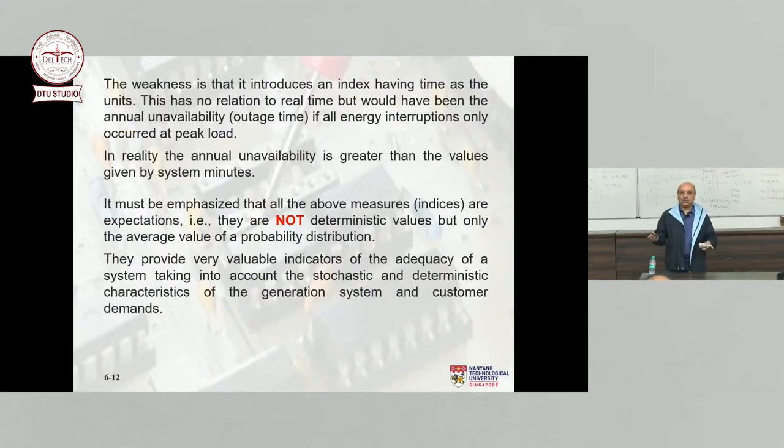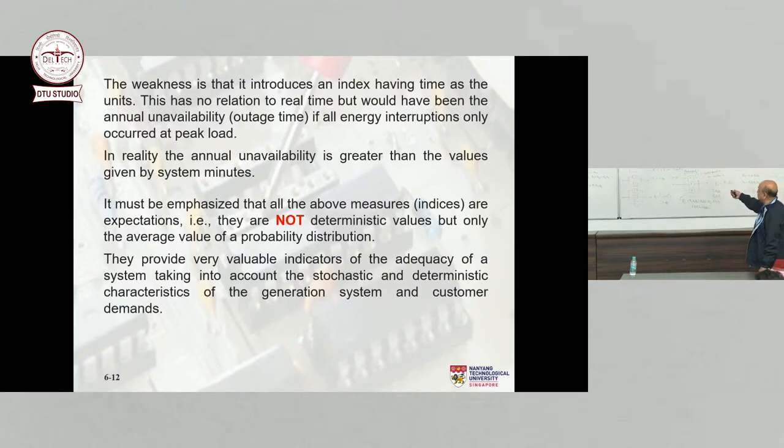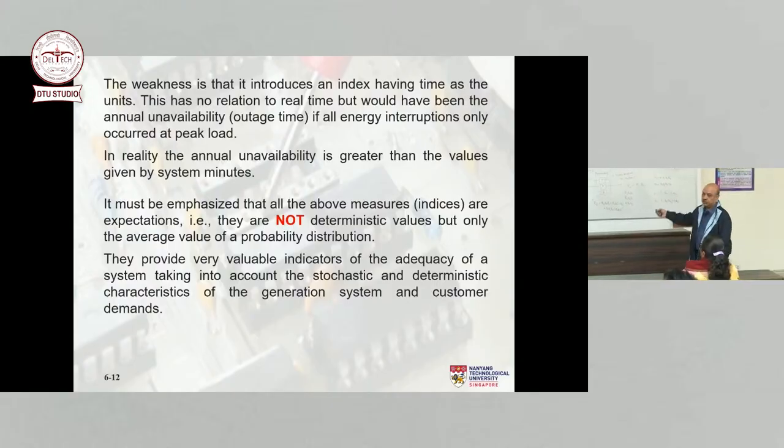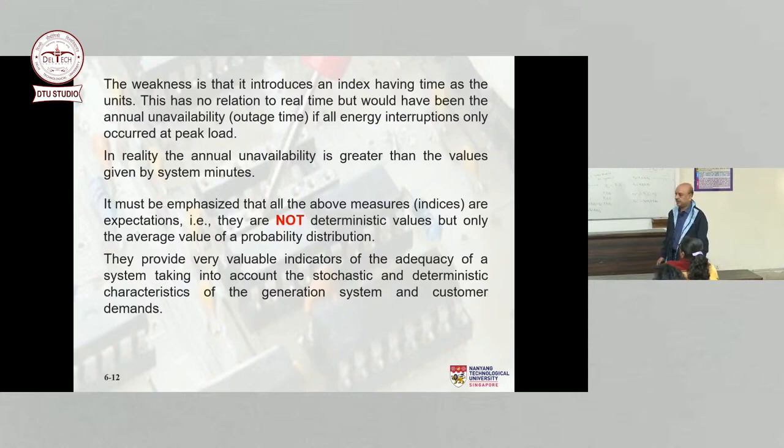Of course, that's not all the events where energy loss takes place. But if you consider that that's the extreme situation, then the system minutes will contribute towards that number, 25 system minutes, okay? Usually, of course, as I said, in reality, it is much greater than the reference or the threshold that is specified in the literature by utilities. So I must re-emphasize to you that all these measures are expectations and they are not deterministic values.